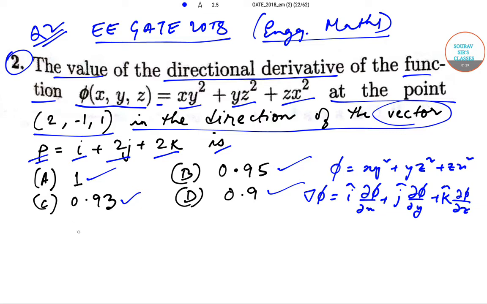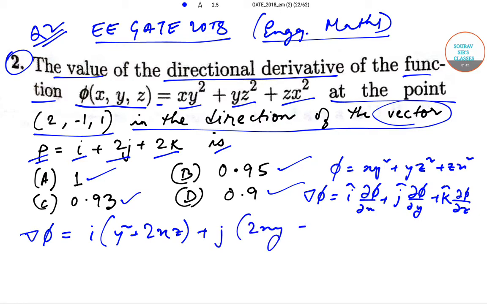So therefore this is equal to i into y square plus 2xz, j into twice of xy plus z square, plus k into twice of yz plus of x square.